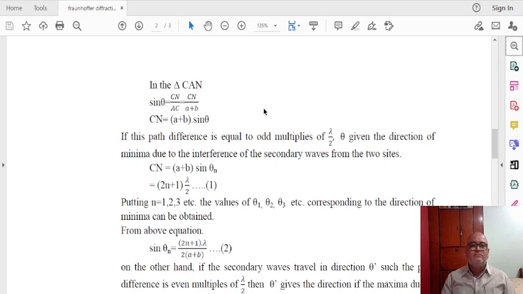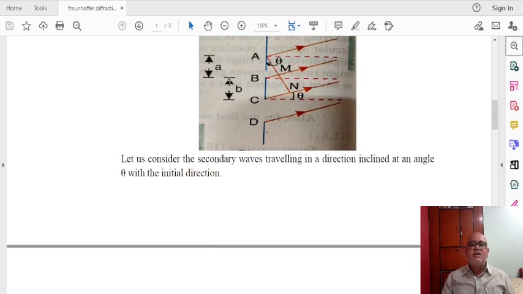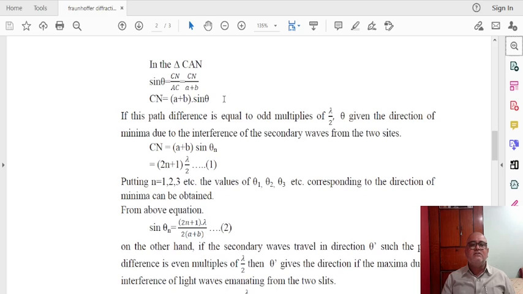Therefore CN will be as it is, but what is the value of AC? It is nothing but a plus b. See here in this diagram, this is a, width of the slit, and b is the width of the opaque portion. Therefore, CN upon a plus b, here CN equals (a plus b) into sine of theta.